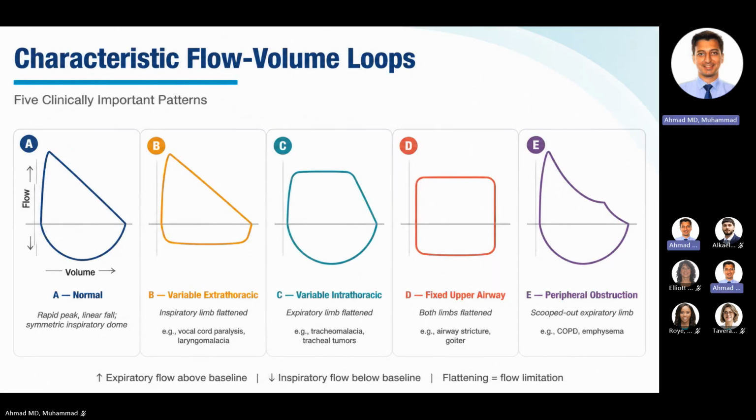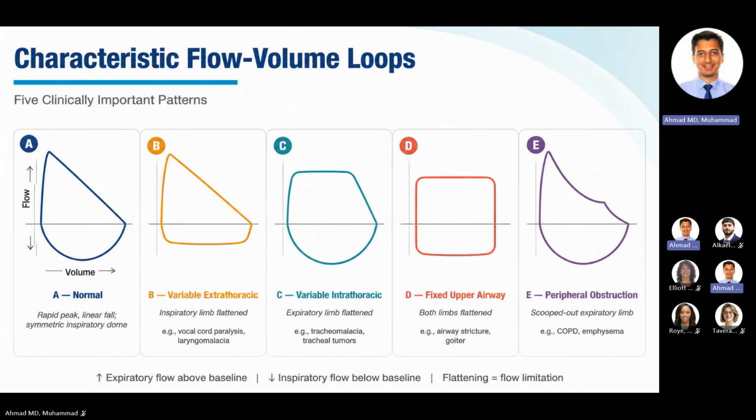So this is some of the characteristic flow volume loops you see when you do a pulmonary function test. The graph on A represents a normal. The upper axis is the expiratory limb of the flow volume loop, and below the axis is the inspiratory limb of the flow volume loop.